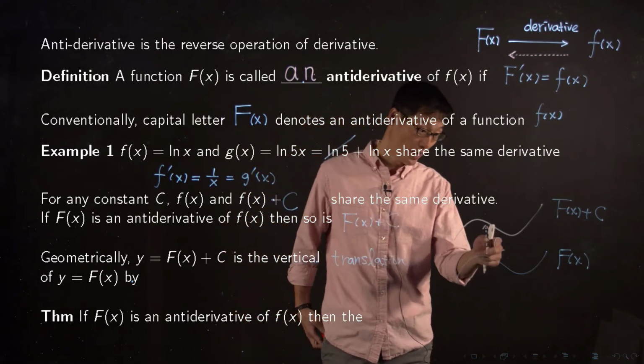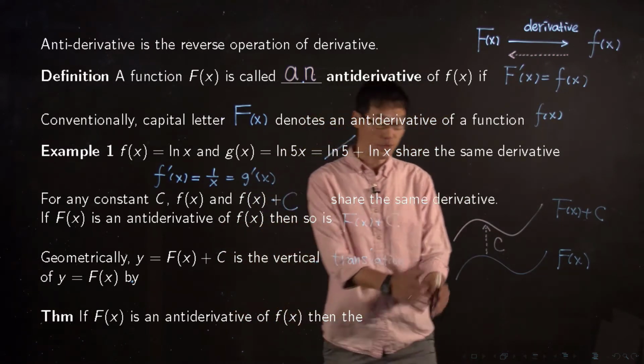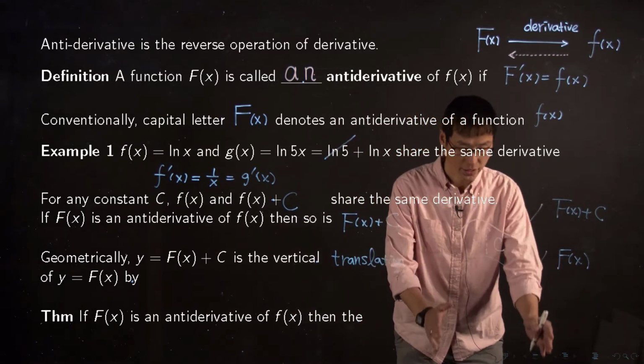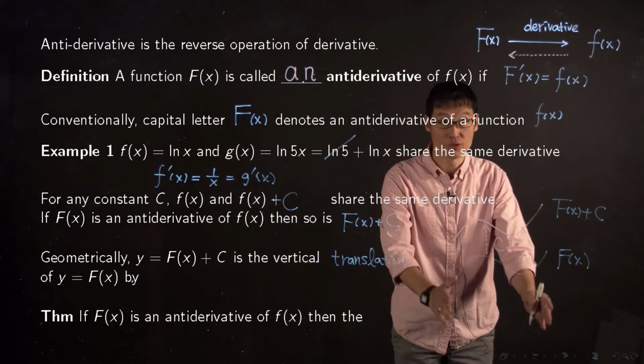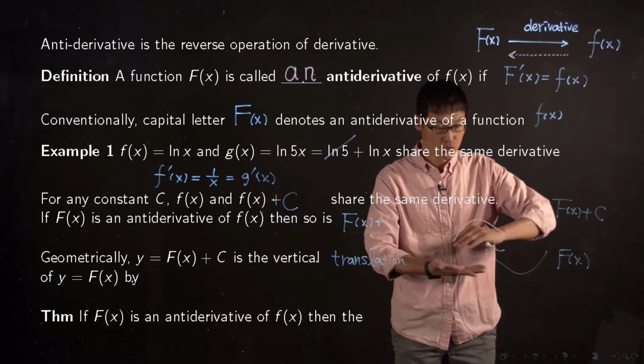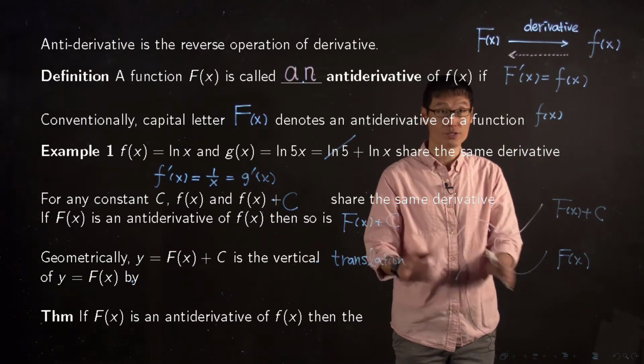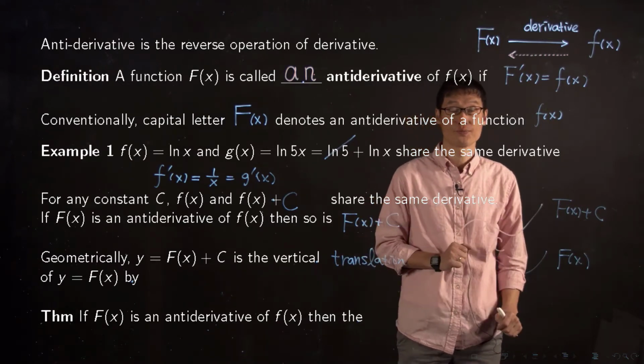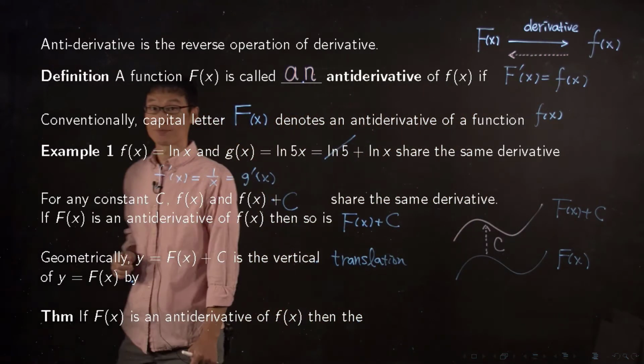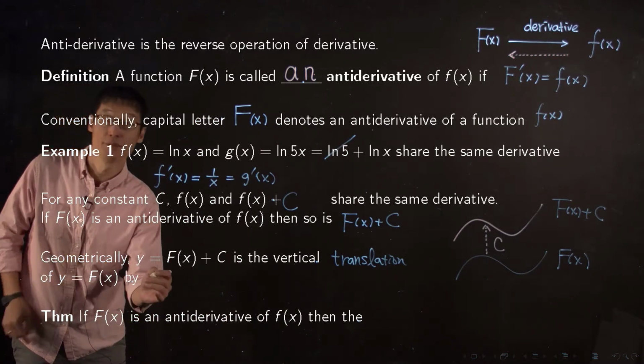And this is true for any constant c. So for any function f, any vertical shift will give you the same derivative. So vertical shift will not make any difference when you take derivative.